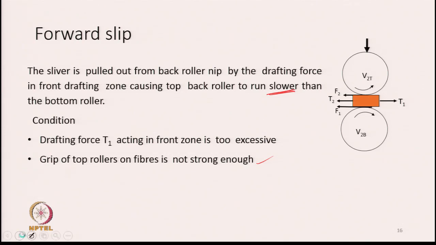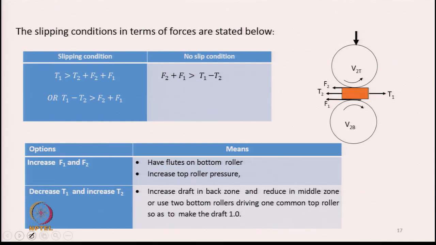And we can write, therefore, the slipping condition is when T1 is greater than T2 plus F2 plus F1. The T1 is so large that it is much more than F1 plus F2 plus T2, and this situation will lead to forward slip.